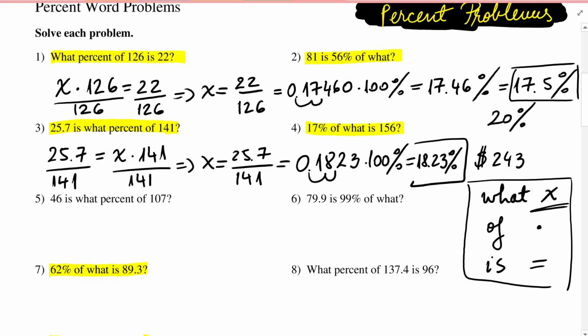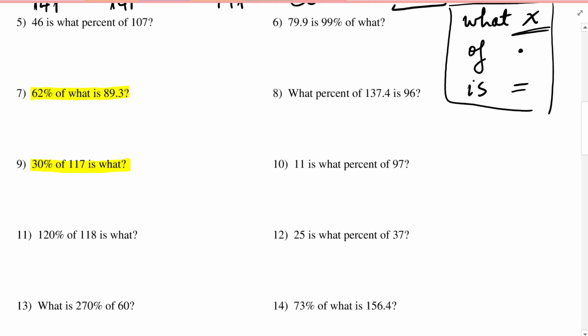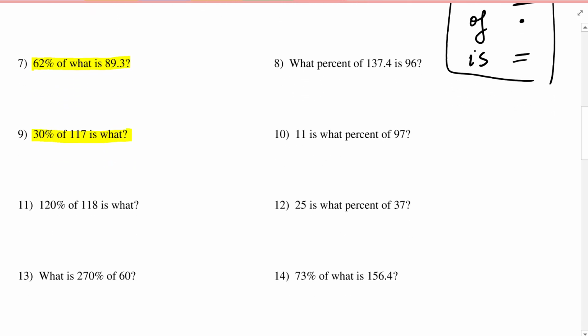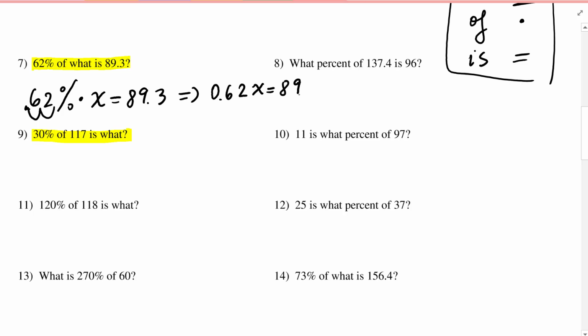Let's take a look at problem 7. 62% of what is 89.3? So 62% of x equals 89.3. Now, we want to change the percentage into a decimal, and we learned how to do that by moving the decimal point 2 places to the left. So 0.62x equals 89.3.